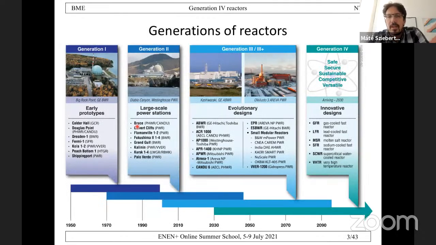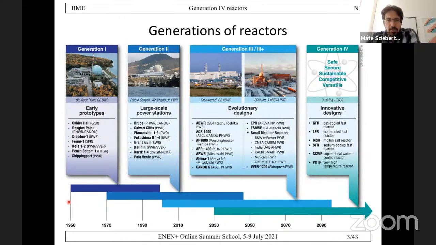So concerning Generation 4 reactors, maybe many of you have seen something similar to this graph. You can see here that we group the reactors according to their year of commissioning into 4 generations, or 5, we'll see.